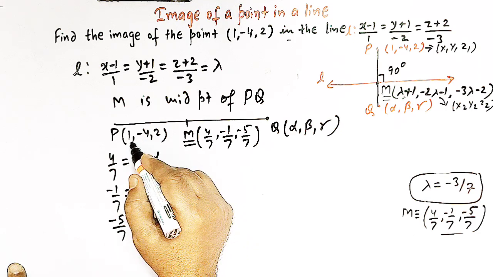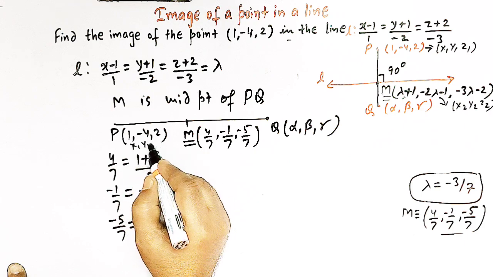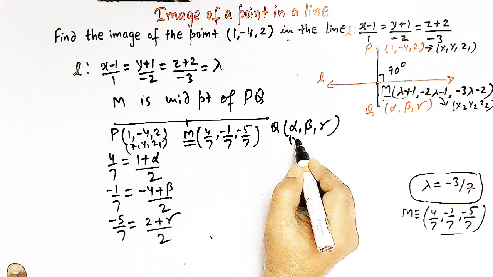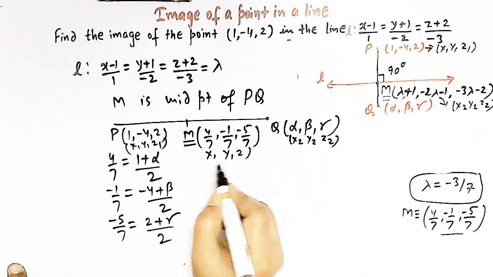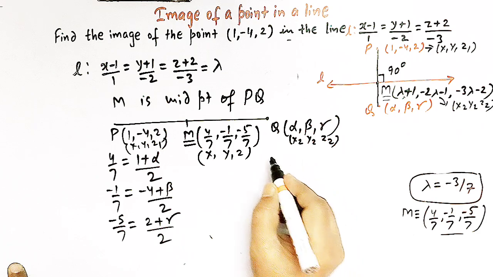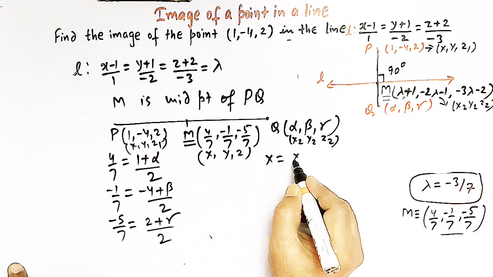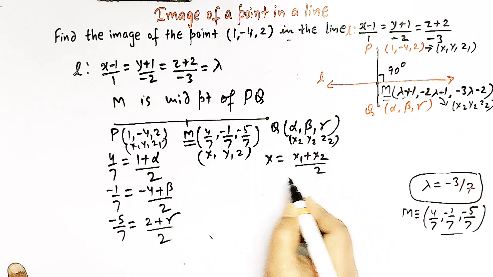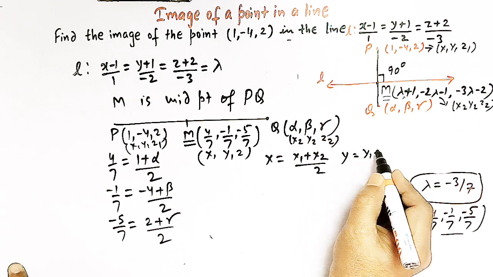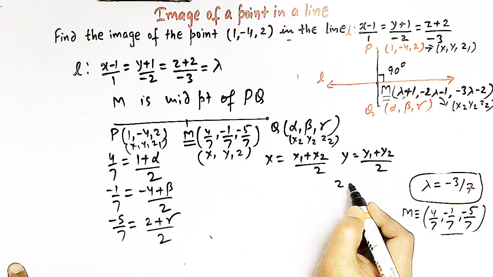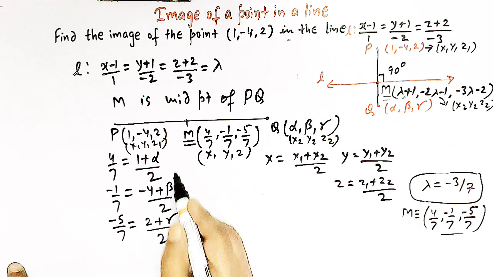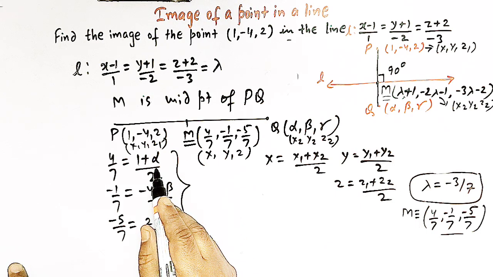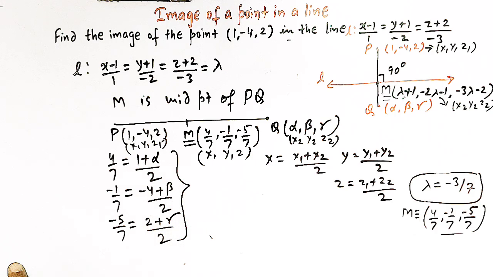So if we take this coordinate as x1, y1, z1, and this coordinate as x2, y2, z2, and this coordinate as x, y, z, then according to the midpoint formula, x is given by x1 plus x2 over 2, y is y1 plus y2 over 2, and z is z1 plus z2 over 2. So now from these three equations, we can easily find out the values of alpha, beta and gamma.